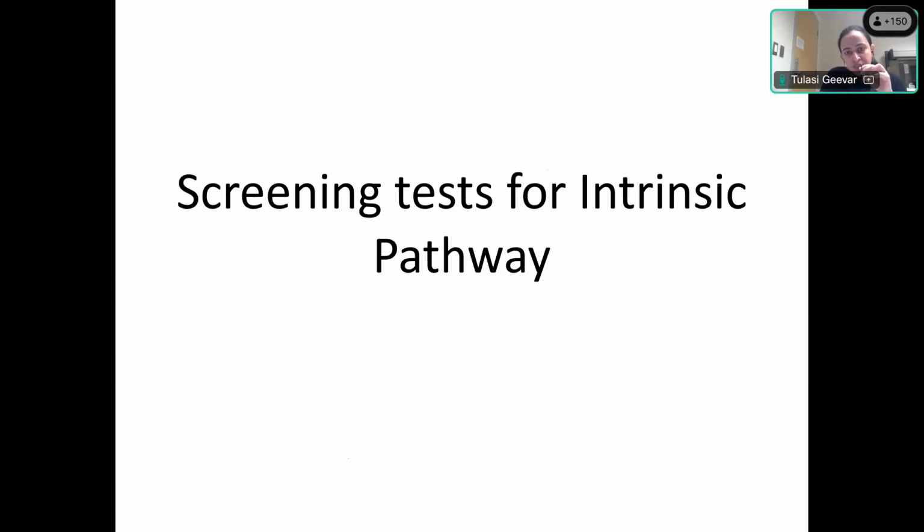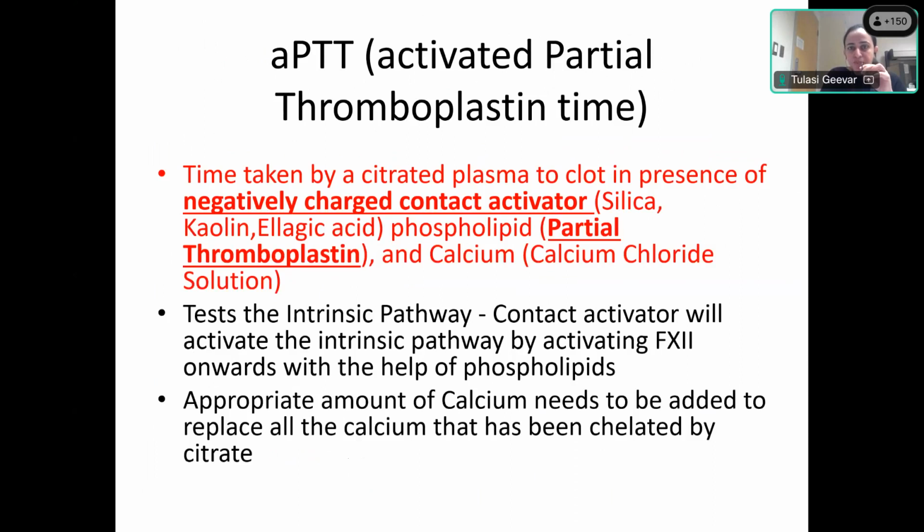And when we look at screening tests for the intrinsic pathway, you have the APTT, or the activated partial thromboplastin time. It is the time taken by the citrated plasma to clot in the presence of negatively charged contact activators like silica, kaolin, ellagic acid. These are the activators. Here the activation happens, factor 12 gets activated by these activators, along with phospholipid and calcium chloride.